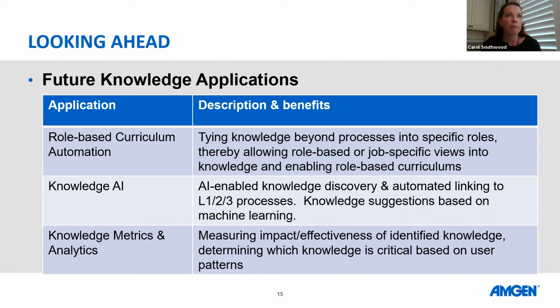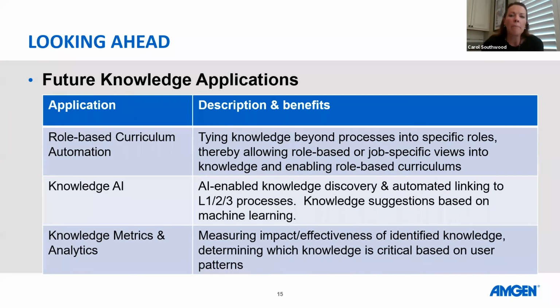I rattled off a few by example, like a global regulatory lead, and GDO staff, global development operations staff, different individuals. We want to know at an individual level what all the assets are that they need. So this is definitely on our horizon for this year, to get job-specific views.